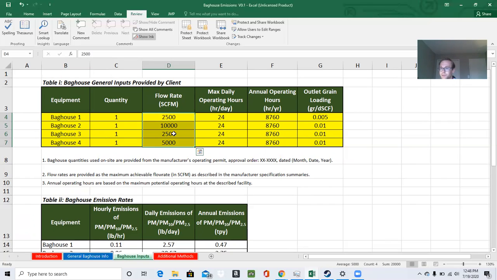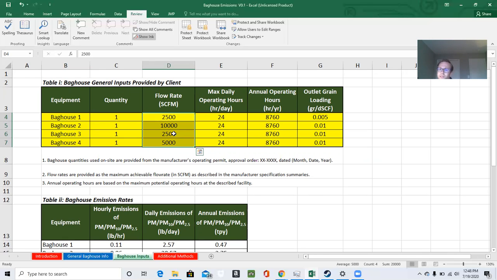Now, there are different ways to calculate baghouse emissions. You can calculate it on a pound per ton basis if you're moving aggregate material or just solid material that you can measure. You can calculate on a pound per hour basis, depending on what governing authority has given you that guideline.